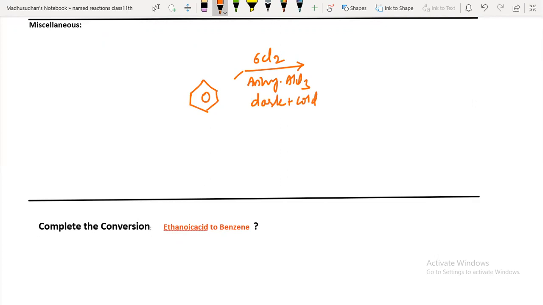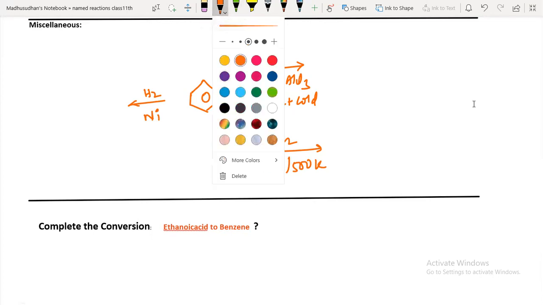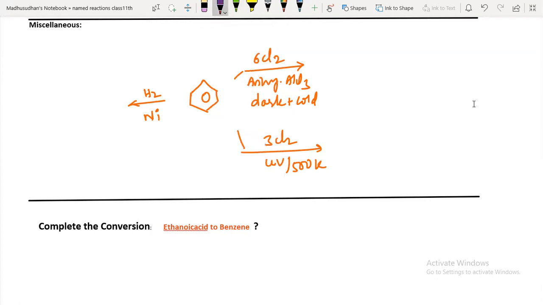Next, the same benzene on reaction with 3 moles of chlorine in the presence of UV light at 500 Kelvin, that means a little high temperature. Same benzene on reaction with hydrogen in the presence of nickel catalyst. So what are the products formed? Different products are formed. Let's see that.